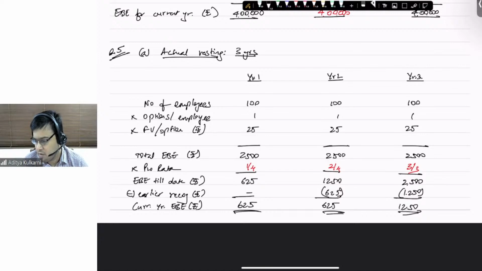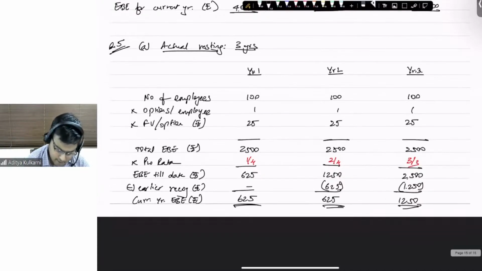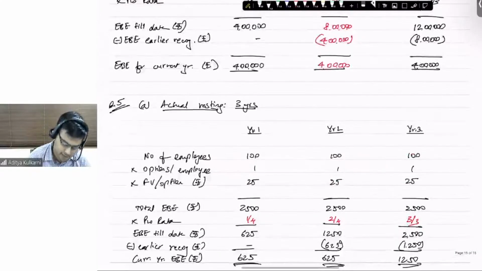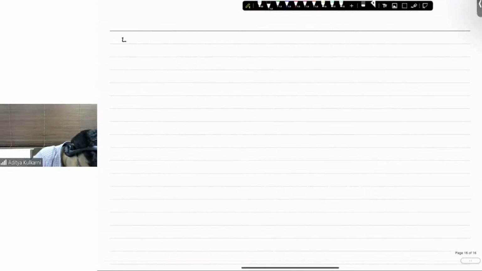Are we all clear with this? Yes. Aniket Jain confirmed, Kaushiki confirmed, Manini and Rakesh. These three guys have confirmed. Okay. All right.